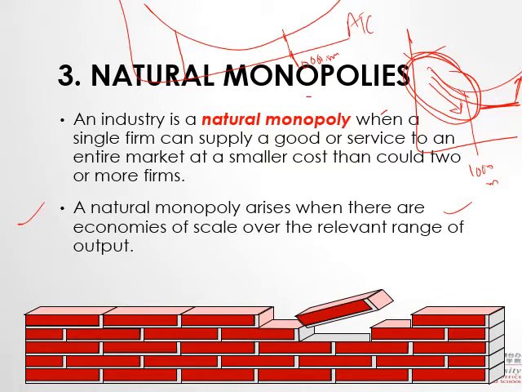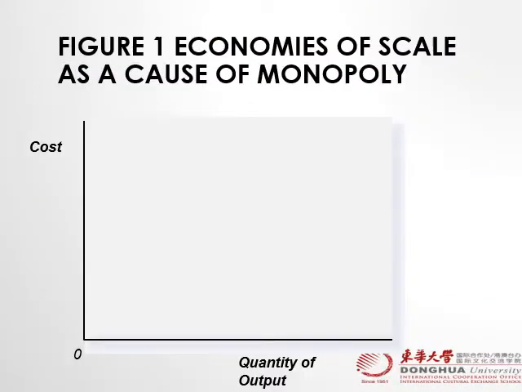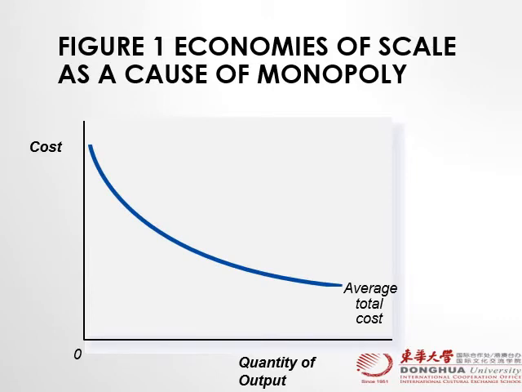So let me just explain through a graph. This is the average total cost. If you are operating here, by producing more, your costs actually start decreasing.